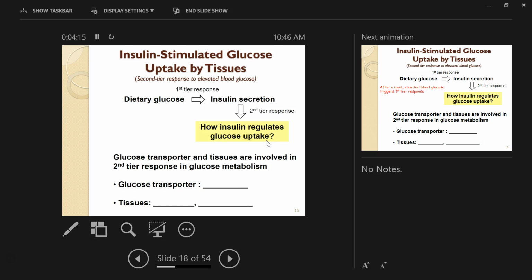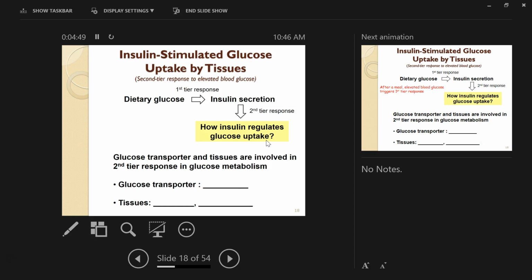And for the second tier response, which tissues are involved? Muscle and adipose tissue. And what do these two tissues do in terms of regulating blood glucose levels? They take up glucose. Which glucose transporter is involved in the second tier response in these two tissues?